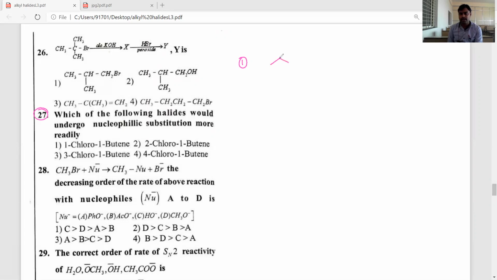Butene means 4 carbon atoms. 1-chloro-1-butene.